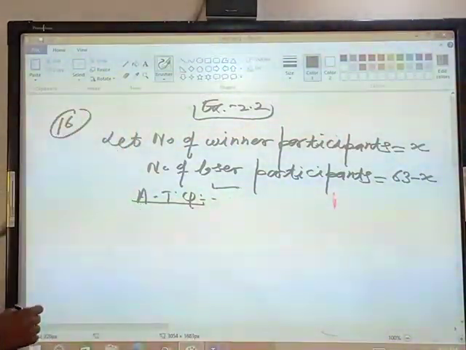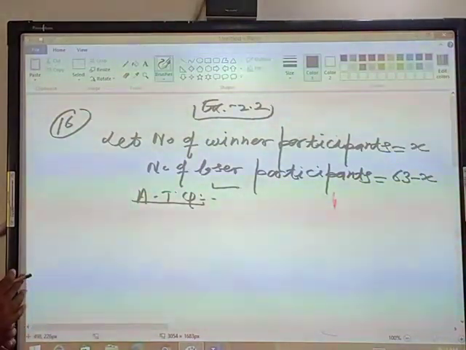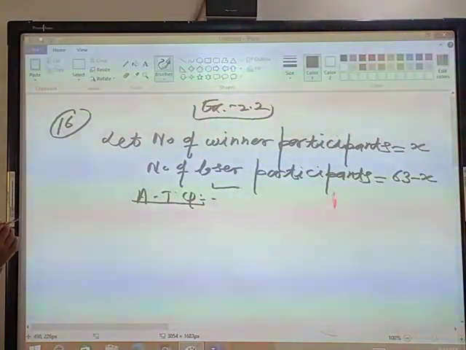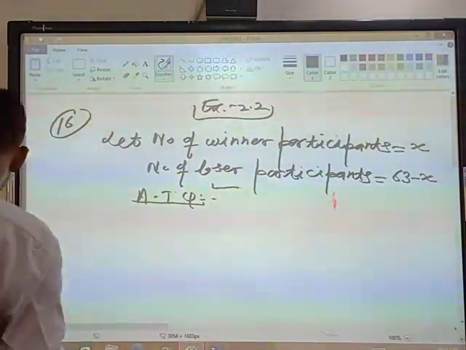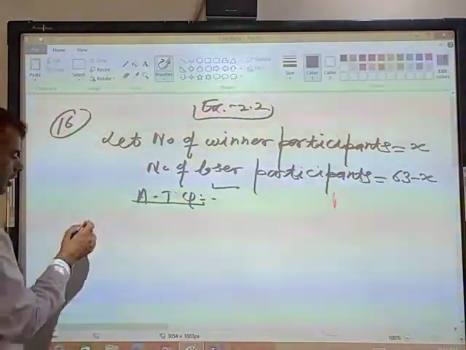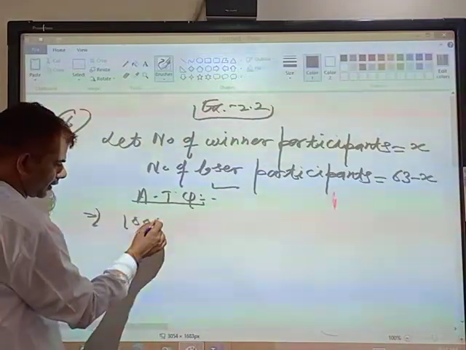One winner participant gets a prize of rupees 100, and the number of participants is x. So the amount given to winner participants, please tell me, is 100x. Very good.